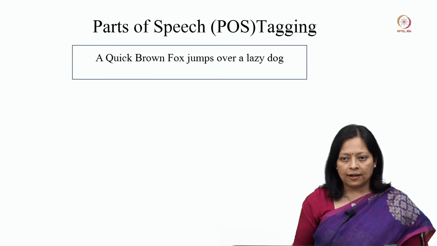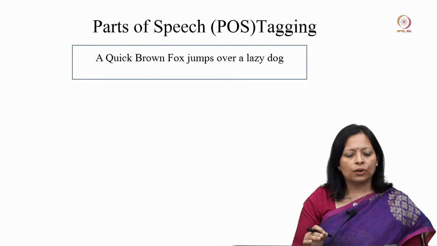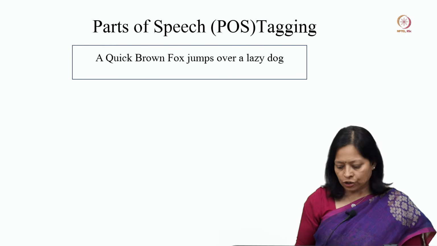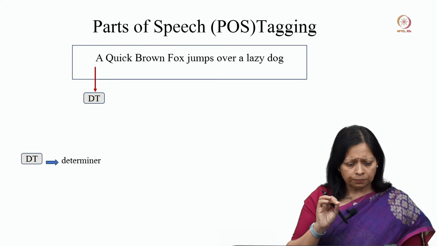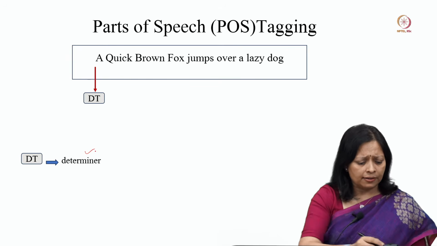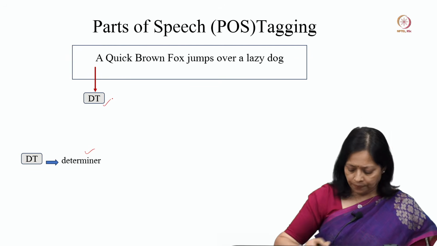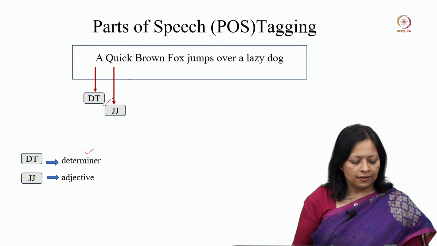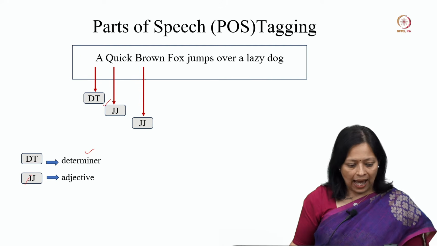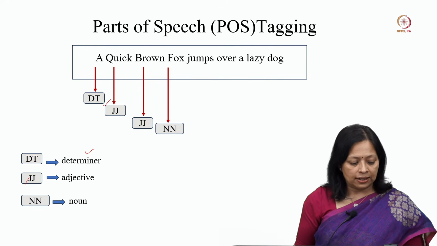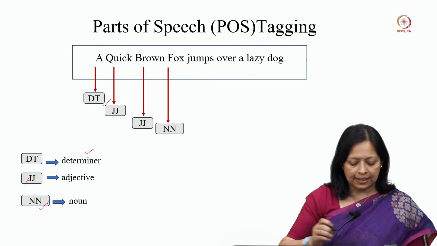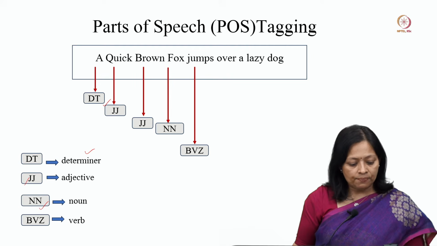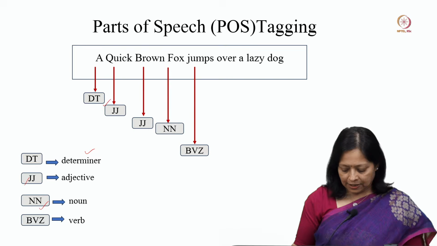Now we will have a look at an example. A quick brown fox jumps over a lazy dog. So a is an article, so it is tagged as a determiner, given by DT. Then quick is an adjective, given by JJ, and brown also is an adjective. Fox is a noun, represented as NN, and jumps is a verb.